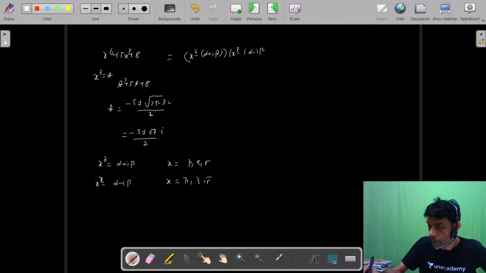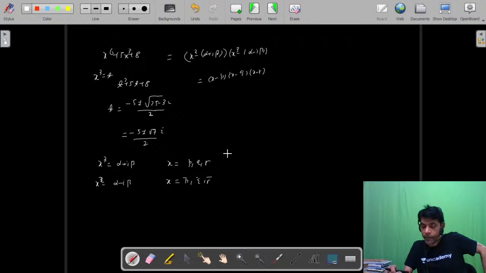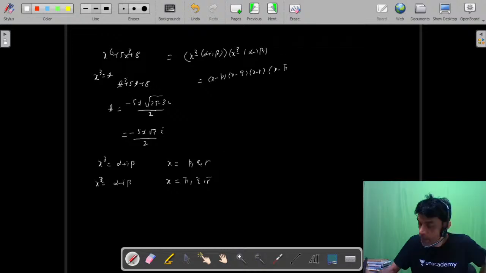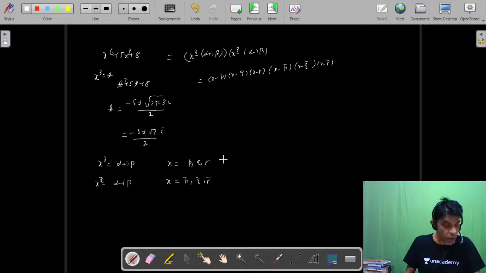If I write like this, then I can write this as (x minus p)(x minus q)(x minus r), 3 roots will be there. And here you will have (x minus p bar)(x minus q bar)(x minus r bar). You understand? They are all conjugates.